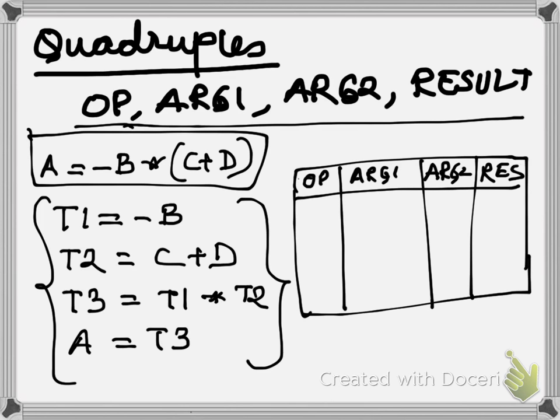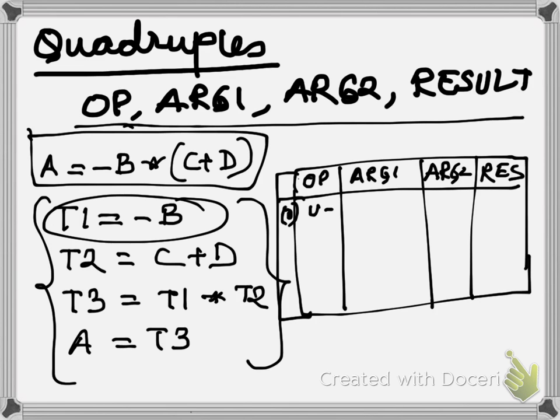One more entry here indicates the operation number. The first operation is 0. Here the operator is unary minus, let me write u minus. The first argument is B, there is no second argument, and the result is in T1.